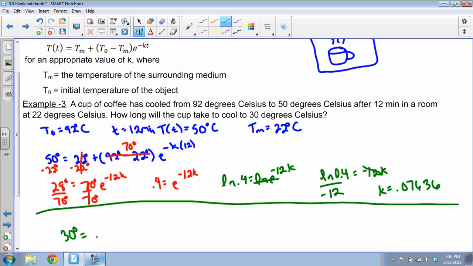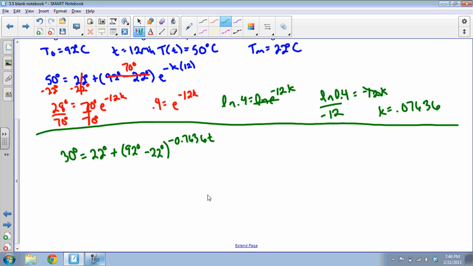It's still a room at 22 degrees. Plus our initial temperature is the same. This is the same. But we're not going to plug in t. We are instead going to put in k. And if possible, maybe I can work it out to where I can use my second answer button in my calculator here. All right, let's solve this.